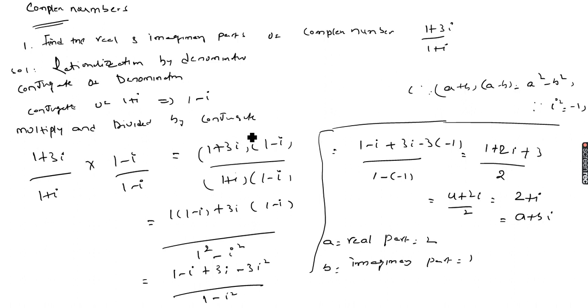So multiply and divide by the conjugate. Then we get (1 plus 3i) by (1 plus i) into (1 minus i) by (1 minus i), and we simplify it. The basic formula is (a plus b) into (a minus b) equal to a square minus b square, and we need i square equal to minus 1. Substitute the values and simplify. Finally we get 2 plus i. This is compared to a plus bi: a is the real part and b is the imaginary part. The values are 2 and 1.